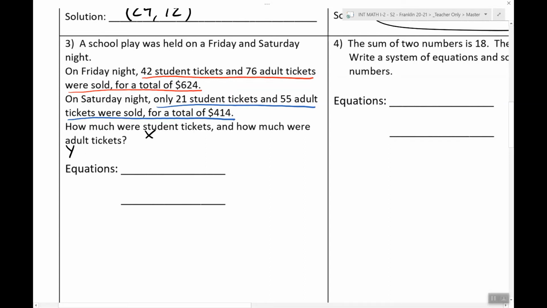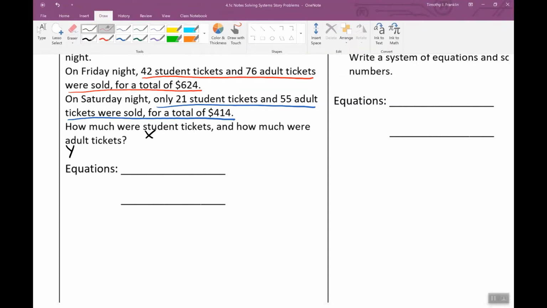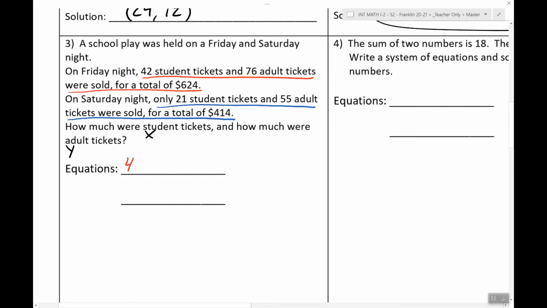So for Friday night, we have an equation here, 42 student tickets, that's 42X, because that's what I said my student tickets were. Whatever variable you use, just make sure you keep track of it. So if you use S for student tickets, make sure you use S for both equations for student tickets. And 76 adult tickets, so plus 76Y, because we're adding these values together for a total of 624.